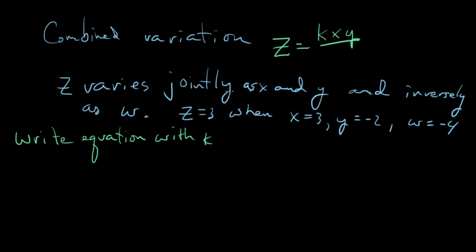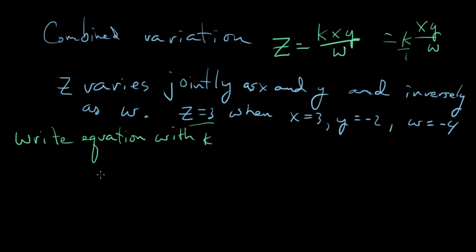When it says it varies inversely as w, we put the w on the bottom. Inverse means on the bottom. Jointly means we put the x and the y on the top. And the k, of course, goes on the top. Another way of writing that would be k times x, y over w. But because this is k over 1, we say k, x, y over w. If that's all confusing to you, hang in there with me a minute. Once we start working with the numbers, it might make more sense.